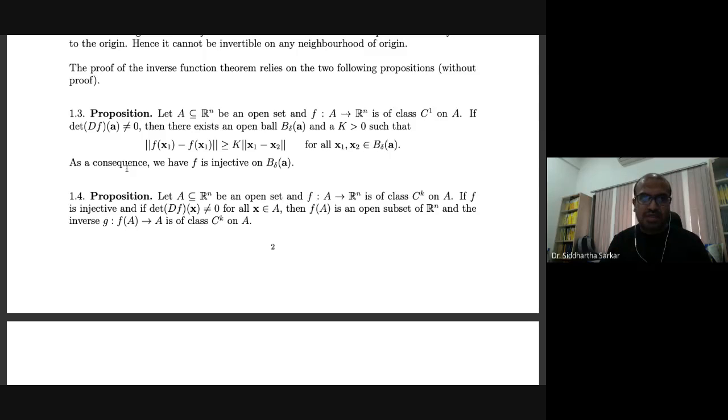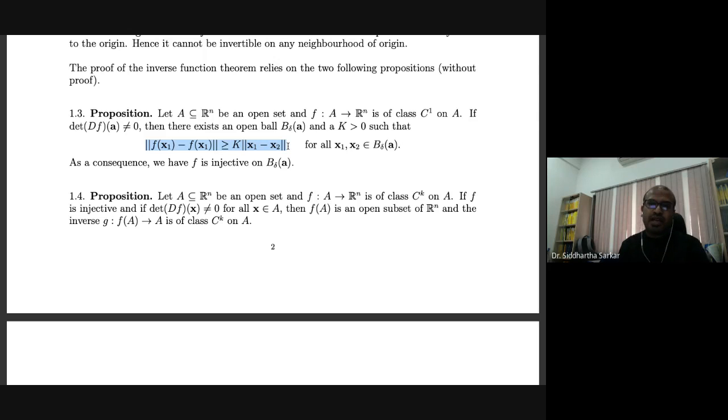The first step says that if you have the same scenario with the assumption that the function f is just of class C1 and the derivative non-singular, then there should be a small enough open neighborhood where the norm of f(x1) minus f(x2) is greater than or equal to k times the norm of x1 minus x2. There is a typo here in the slide.